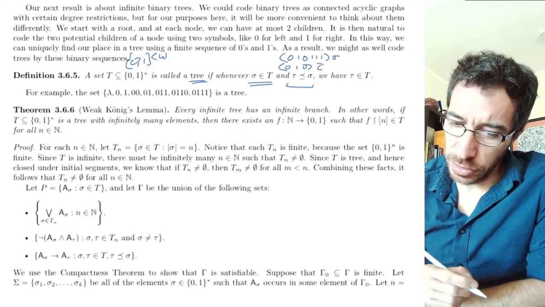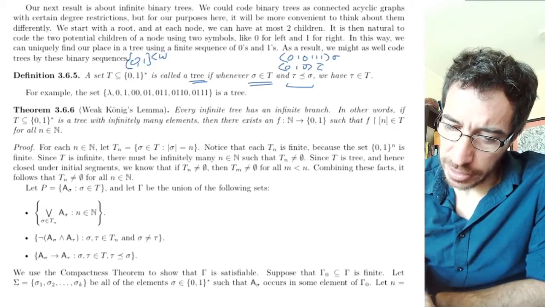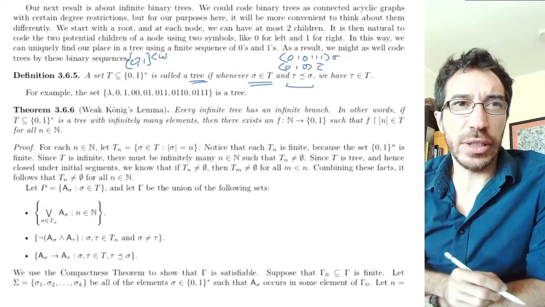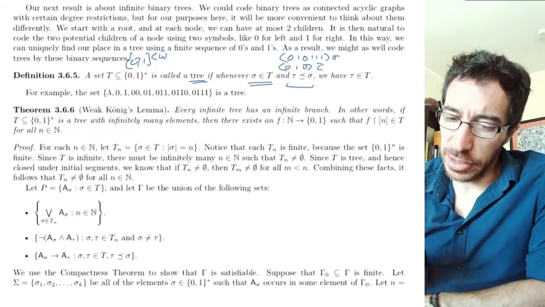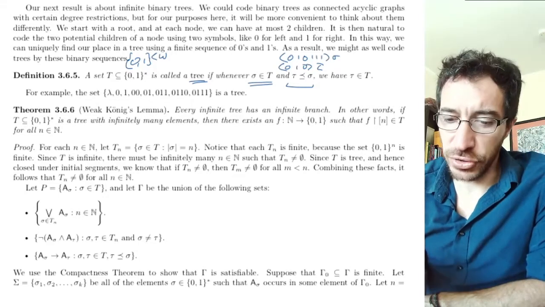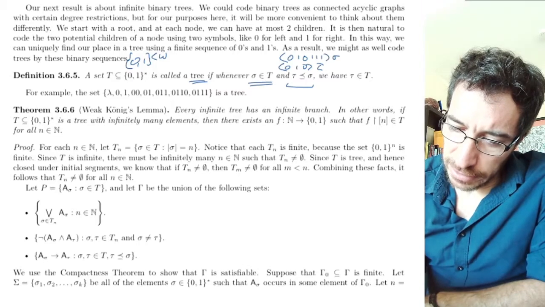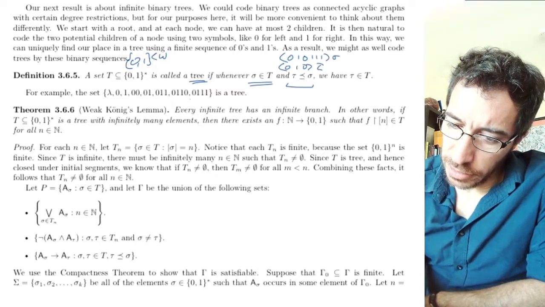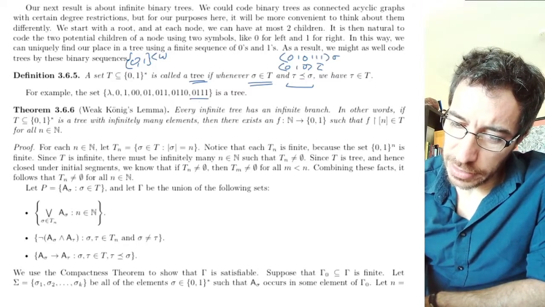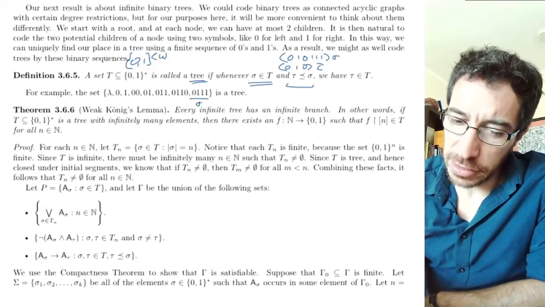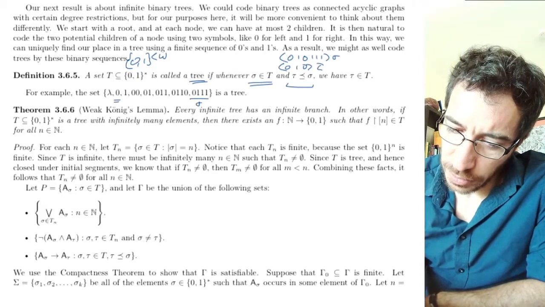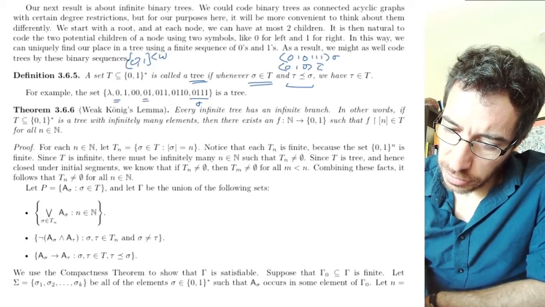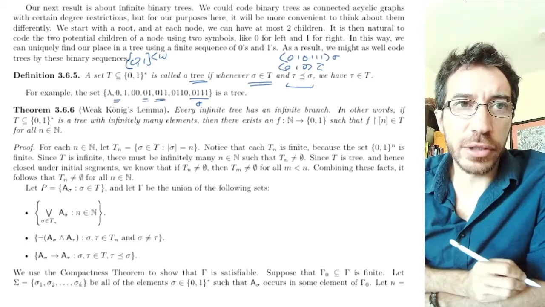Okay, and here it says, for example, that this thing is a tree. For that to make sense, let's just check the definition. If this one is sigma, what are the possible initial segments? The possible initial segments are 0, 0 1, and 0 1 0. They're all there.